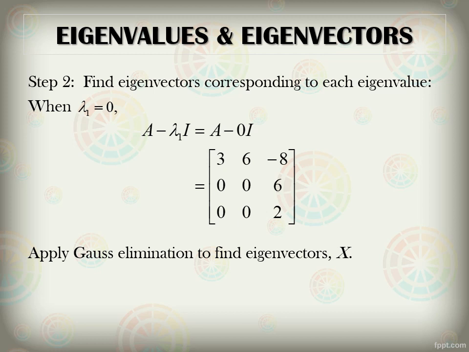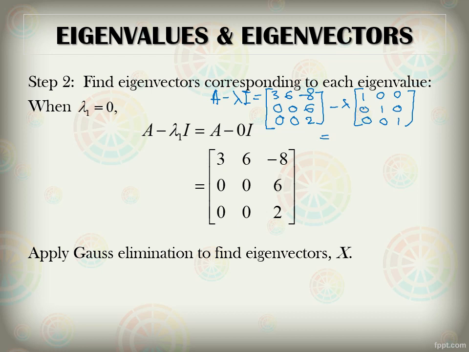Do you still remember at the beginning we solve for A minus lambda I? This is the first step we do to solve for our eigenvalues. So we have matrix 3 6 minus 8, 0 0 6, 0 0 2, we minus with lambda times 1 0 0, 0 1 0, 0 0 1.